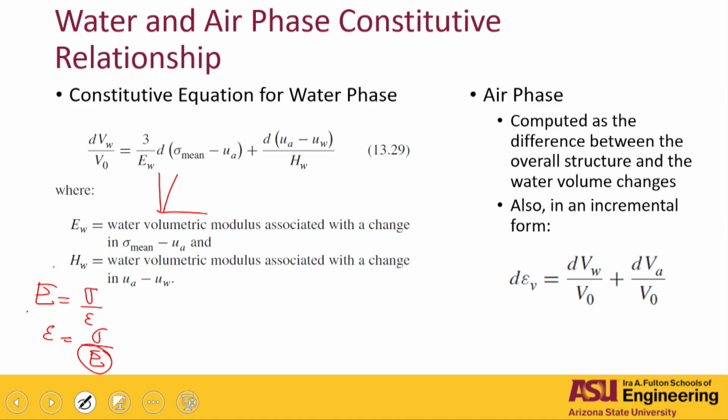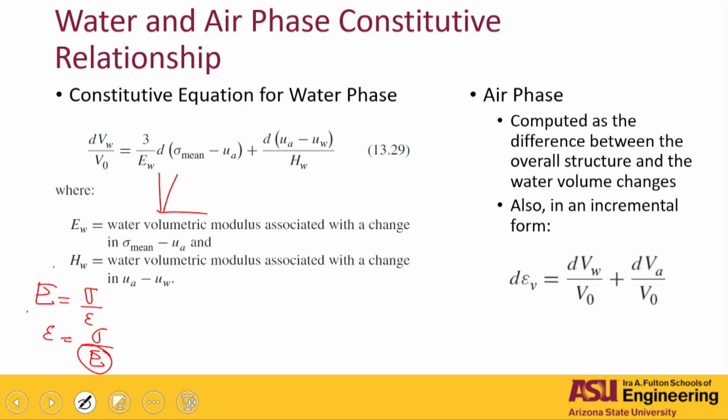Yes, ma'am, adding to that question, regarding that HW, the water volumetric modulus, how do we determine it? Is it experimentally determined? Henry's law. There is data available for that, but you can determine it experimentally if you want.